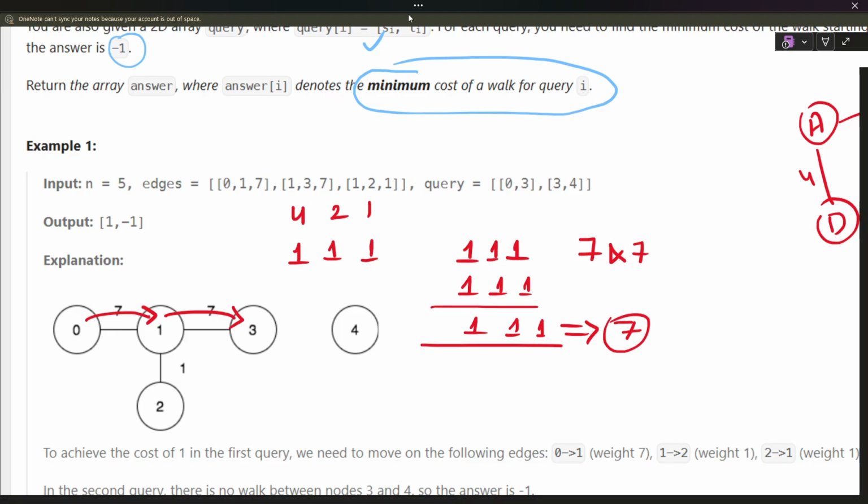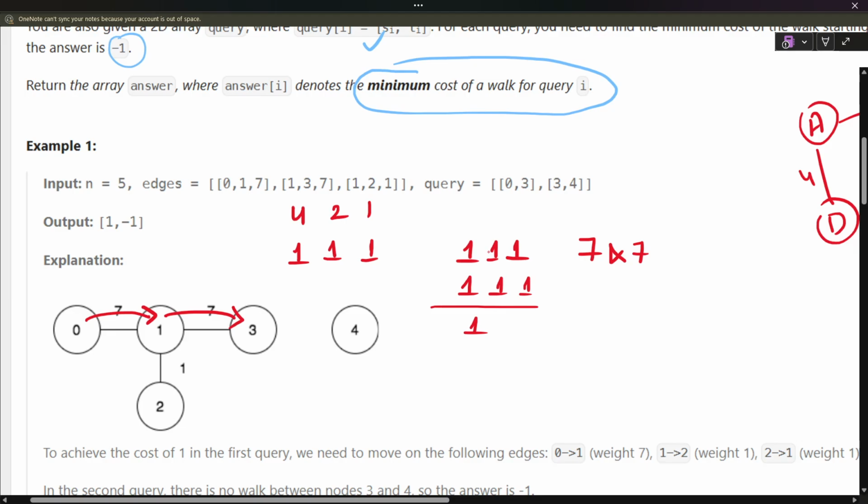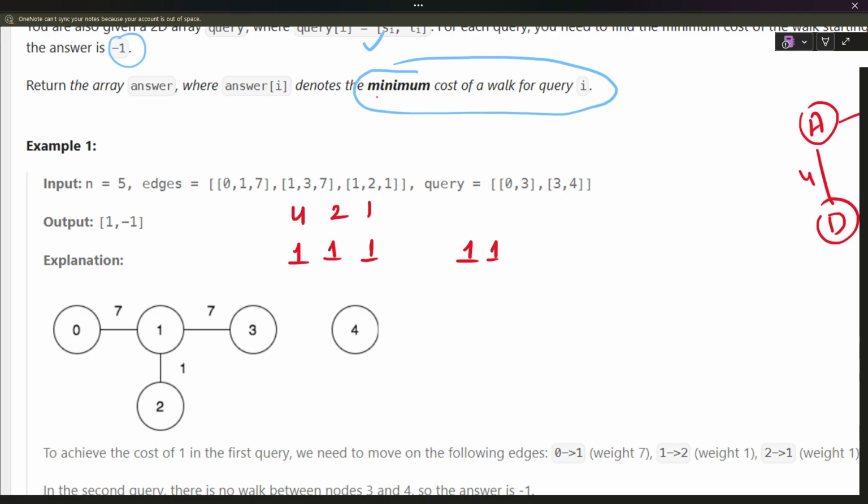As you can see. So what we did, let me just erase it once. We have gone through 0 to 1, which is this, like 7. Then let me also write which steps.